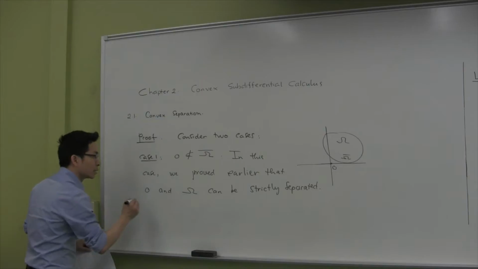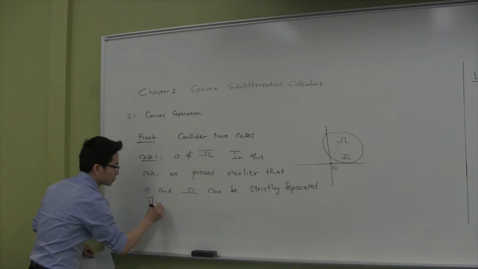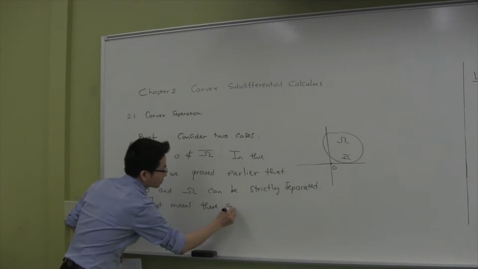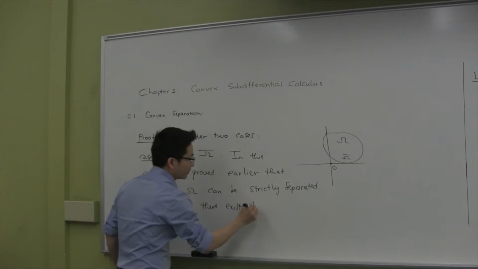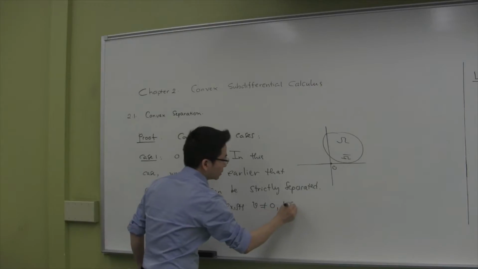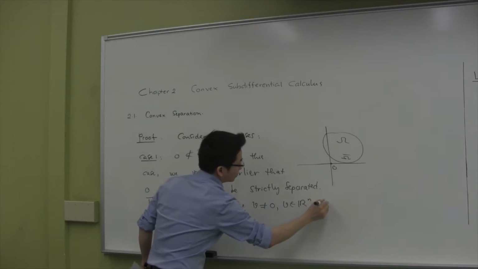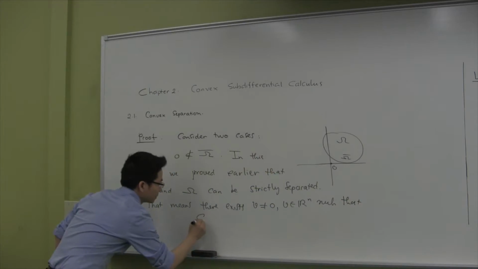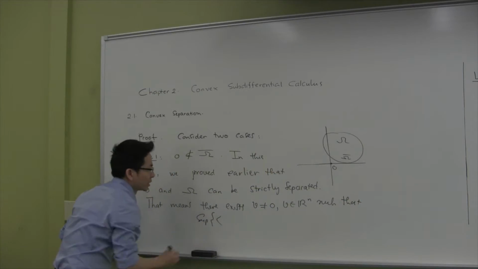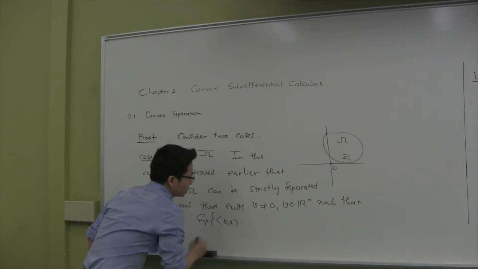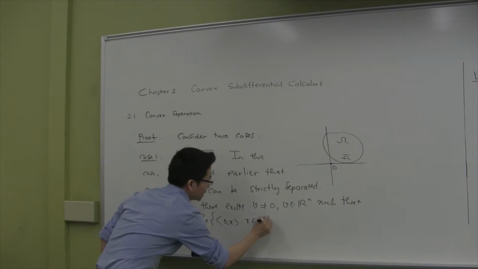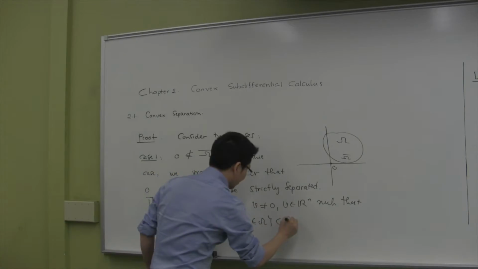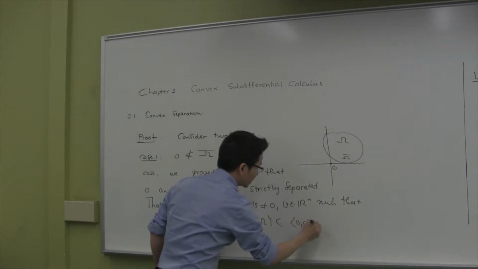That means there exists a vector v non-zero such that the supremum of the inner product of v and x, where x is in omega, is strictly less than the inner product of v and 0, which is 0.